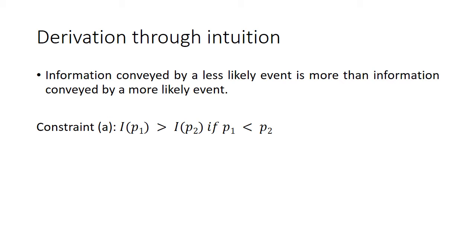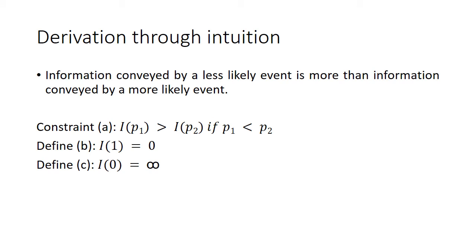I'm simply translating the first statement that I made into mathematics. Now let's use this constraint to define information values for two special values of probability. Let's say the probability is 1. What is the information that we gain? Let's define that as 0. If an event is certain to happen, we don't gain any information whatsoever.